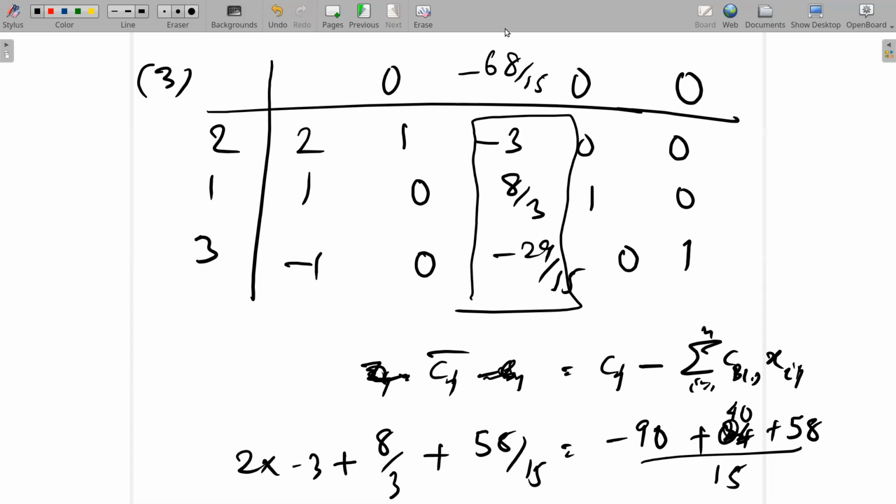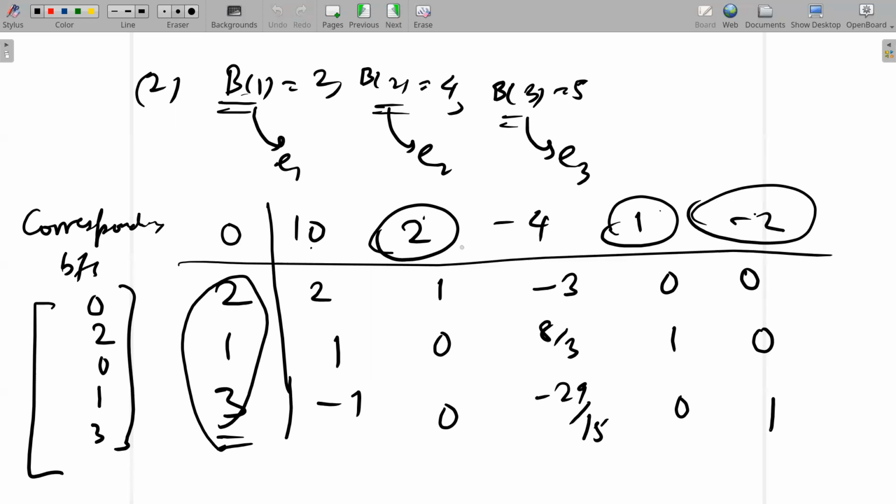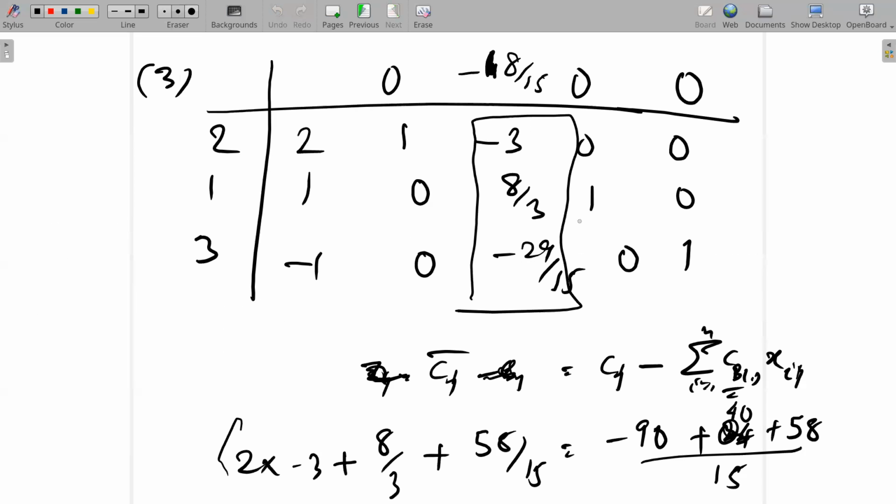Okay, I think it should be 8 over 15. In any case, the idea is that we need to look at the basic columns. So this was 2, 4, and 5, and then look at the corresponding numbers 2, 1, minus 2, and multiply them with the non-basic vectors. For example, here if you put 2, 1, minus 1, it should be 4 plus 1, which is 5, plus 2, 7.